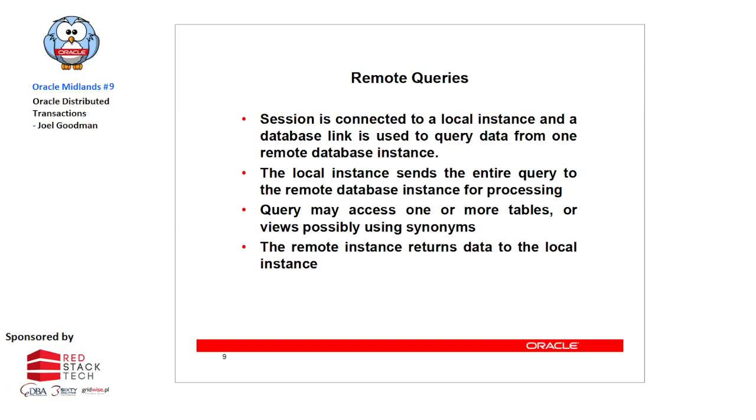For example, if you have a connected user DB link, so Fred logs in to the local and you're using a DB link that doesn't have a connect to using, there has to be a Fred user on the remote system as well with the same password, otherwise it's not going to work. Okay? And the remote instance just returns whatever data doesn't get filtered out or removed from the join if you're doing a remote query that's a join. So a remote query can join 10 different tables, but they're all on the same database.